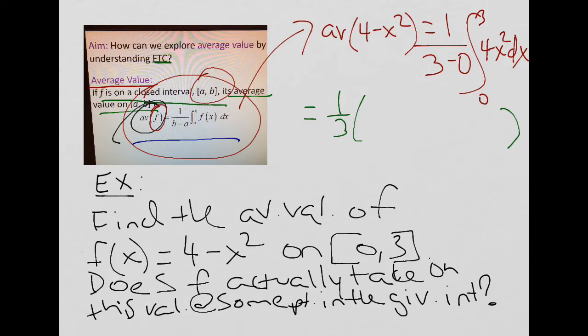So in FTC Part 2, we established what capital F of x was. And in this particular case, when we see a constant 4, the first part of F of x must be 4x, because if we take the derivative of 4x, we get 4, minus, I'm just kind of copying it, x squared.